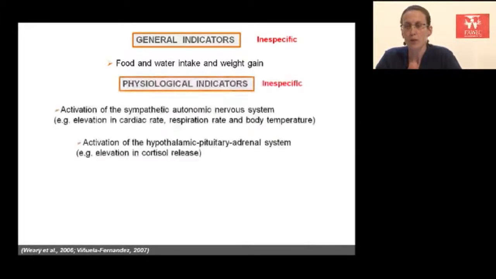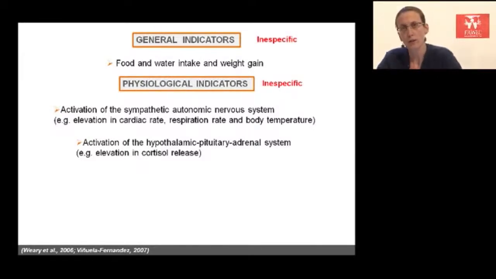Regarding physiological indicators, on one hand, there is the activation of the sympathetic autonomic nervous system that produces, for example, an elevation in cardiac rate, respiratory rate, and body temperature.